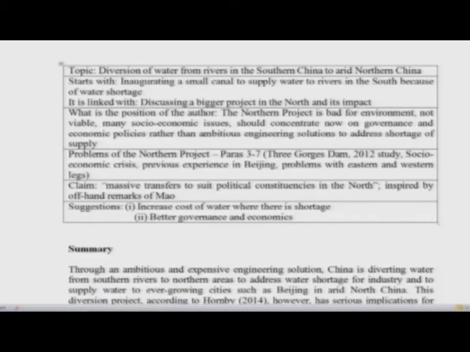And then there is a claim here, this clearly shows the writer's position. These are just transfers to suit political constituencies in the north, and inspired by offhand remarks of Mao. So, not clearly motivated by study or something. See, that is the position of the author.